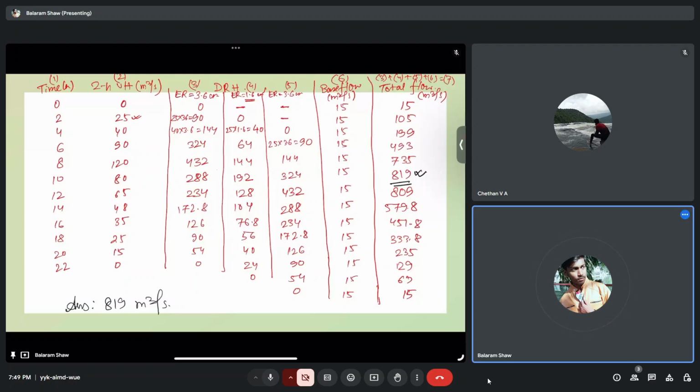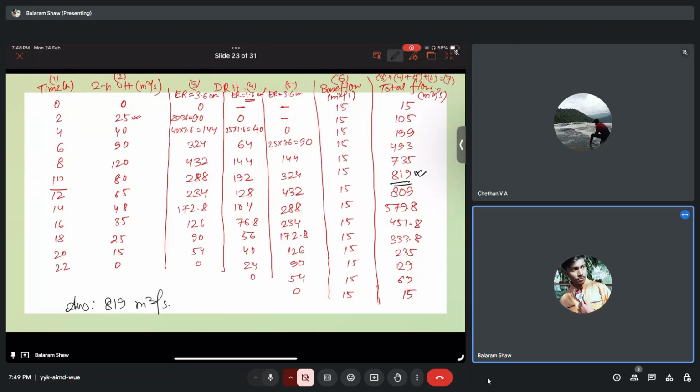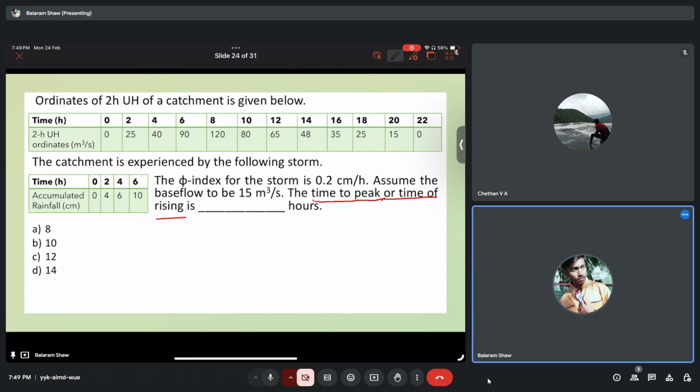So the time at this peak flow will be the time to peak. So the correct answer will be 10 hours.